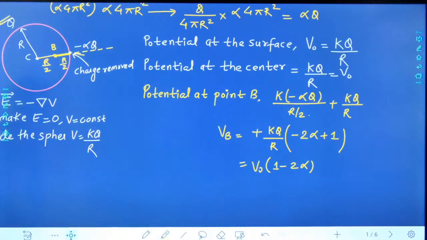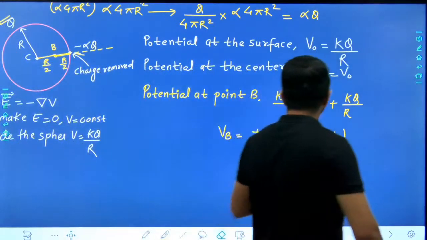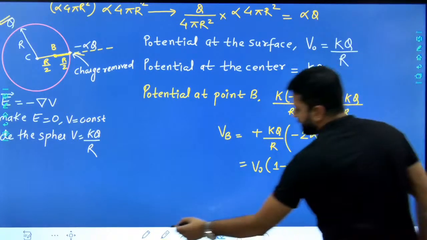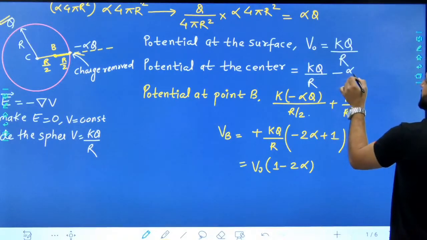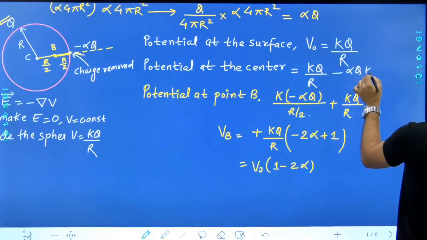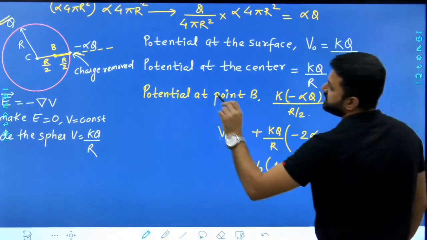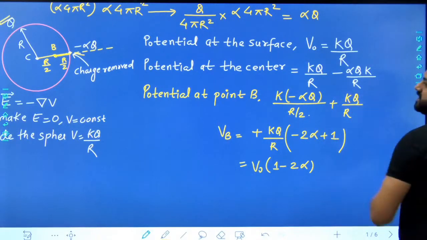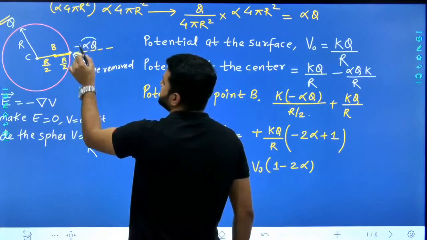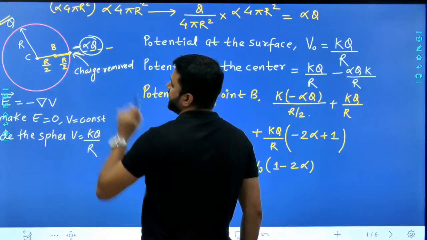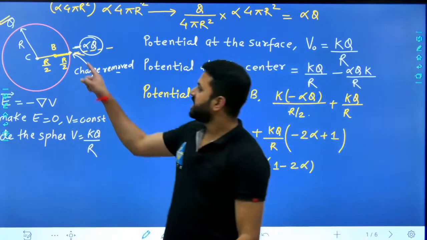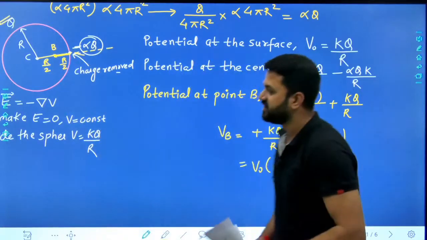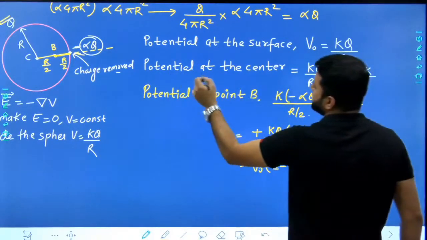But there is one more potential existing at the center, that is nothing but minus alpha q K divided by r only, because of this point charge with a minus sign. This charge that has been removed also has distance r from the center. So we are calculating the potential at the center.